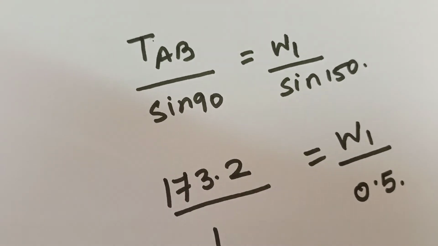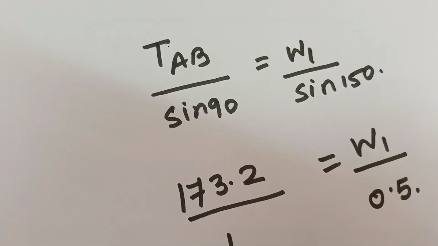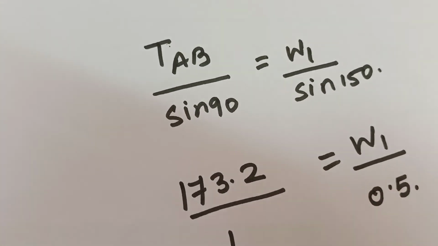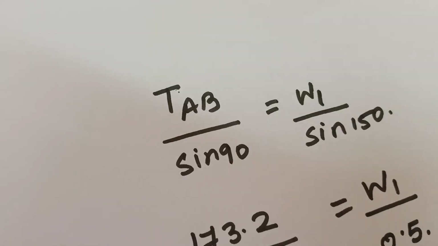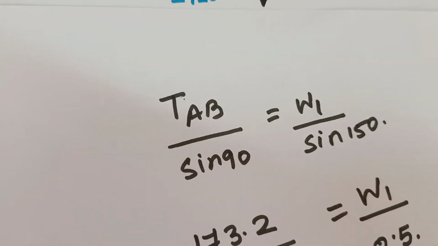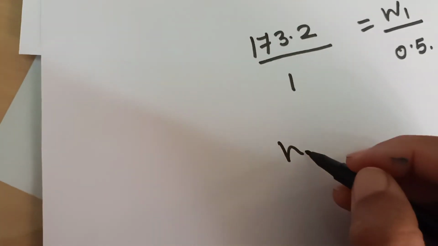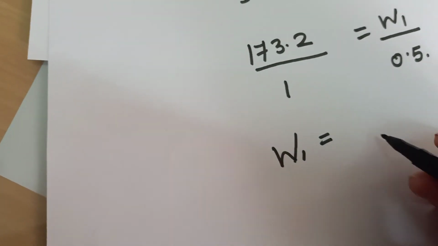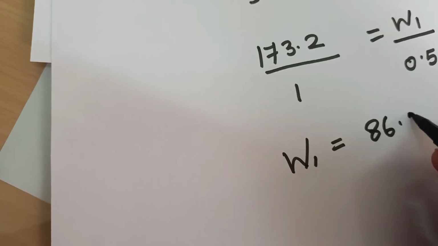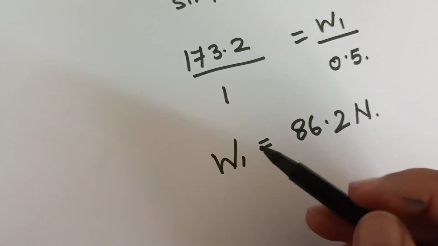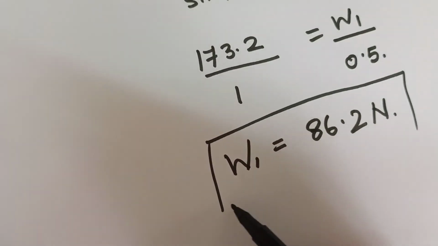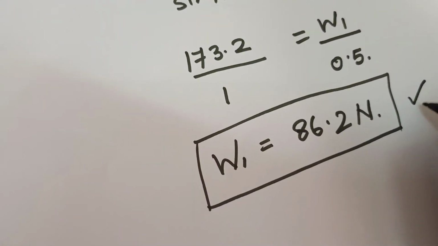So 173.2 into 0.5 is equal to 86.2. So W1 is equal to 86.2 newtons. So we have calculated W1 also.